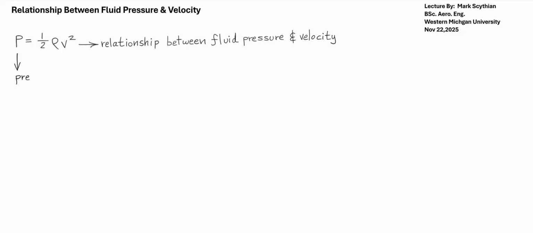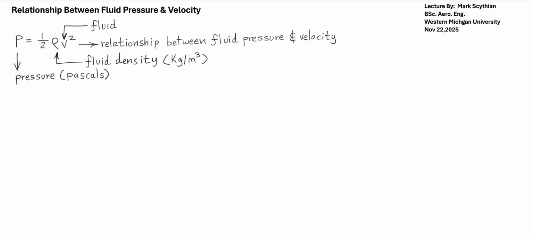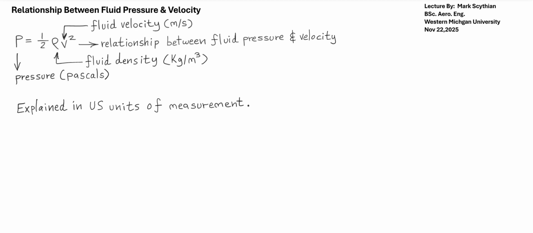So we'll use two examples, one focusing on airflow and another focusing on water flow. If we define the components of the equation, we have those units measured and calculated in metric units, but we'll explain the relationship between fluid pressure and velocity with respect to the US units of measurement.